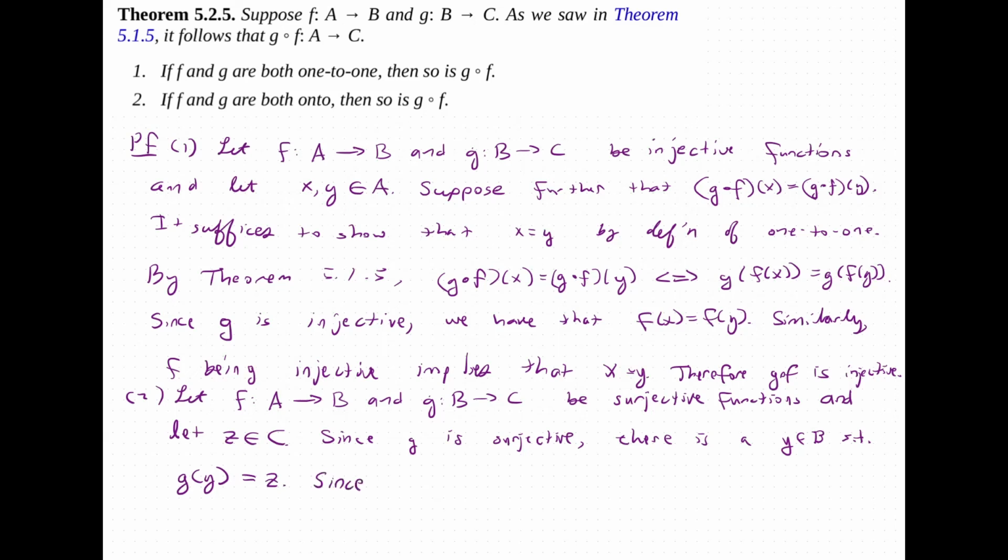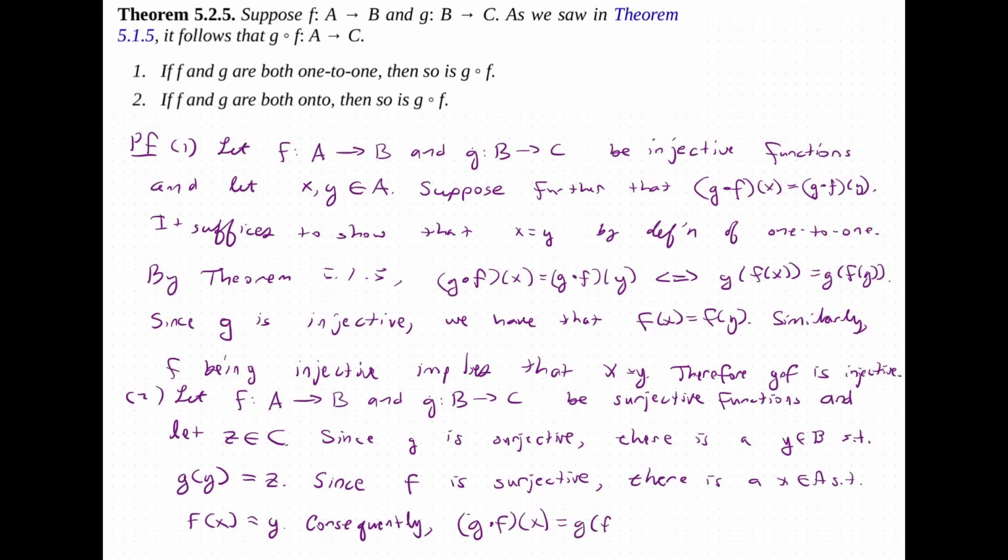And since f is surjective, there is an x in A such that f of x maps to y. Consequently, we are done, because now we have g compose f of x is g of f of x, which is g of y, which is equal to z. Thus, g compose f is surjective. And we're done.